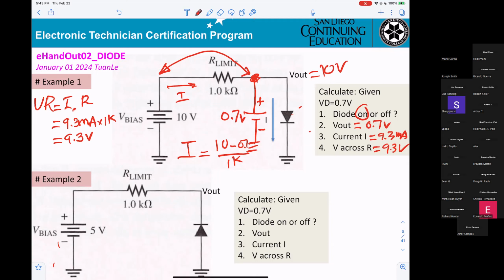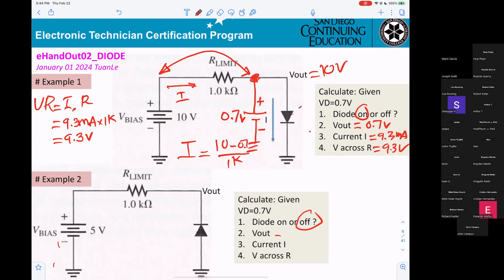The second problem. Diode on or off? Off. Perfect. Diode off. What is V out? 5 volt.